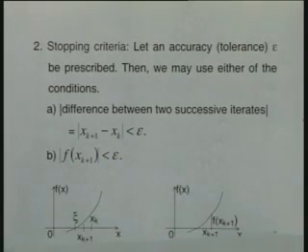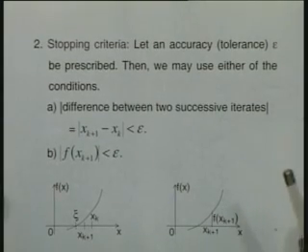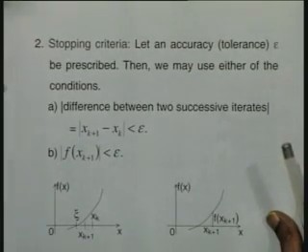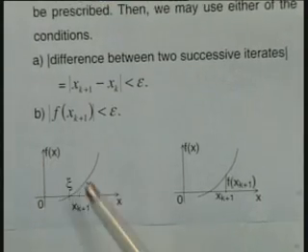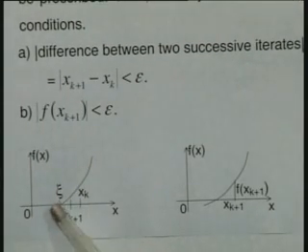Now, what does this really mean graphically? Let us have a look. I am describing the first case here. I have taken the x axis and f(x). This is the graph of f, and xi is the exact root. I have taken xk as a particular approximation.